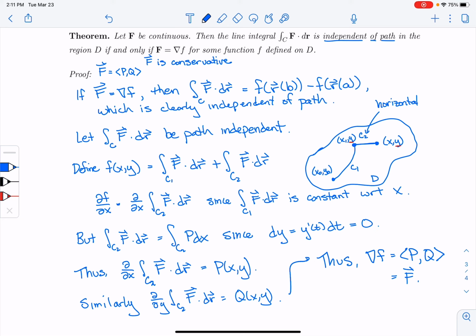So if we have this path independence, then we can show that the gradient of this function f that we've defined to be our potential function is in fact our vector field capital F. So that's kind of a fun little proof of that theorem.